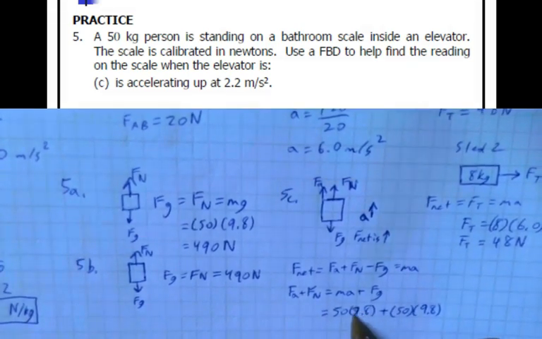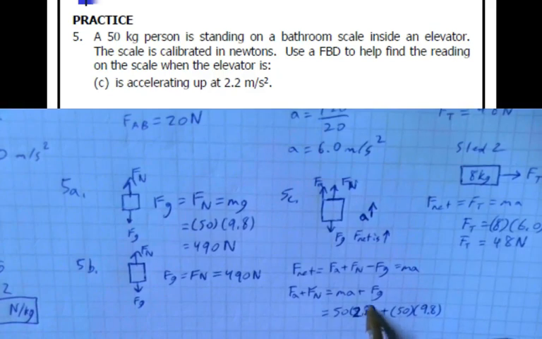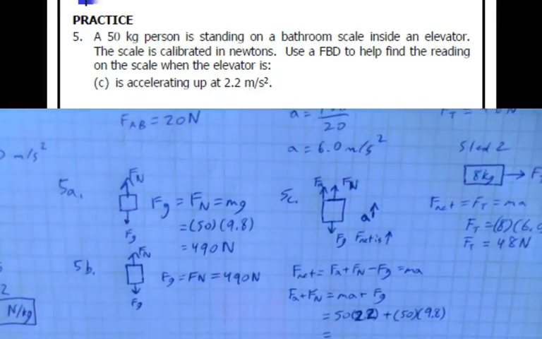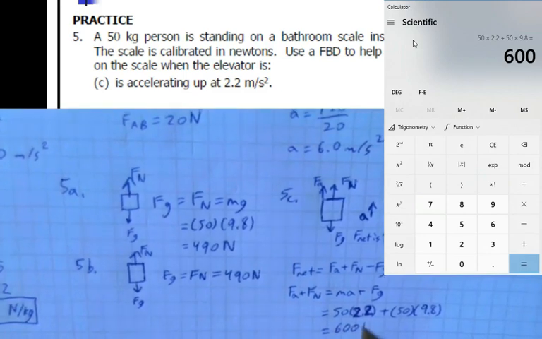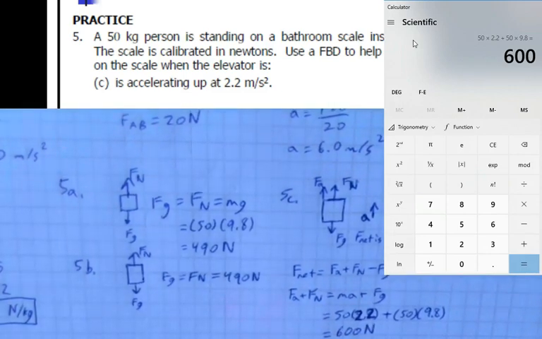That's the acceleration that they have. So I will do this calculation. 50 times 2.2 plus 50 times 9.8 gets us to 600 newtons. So now we have a reading of 600 newtons on our scale.